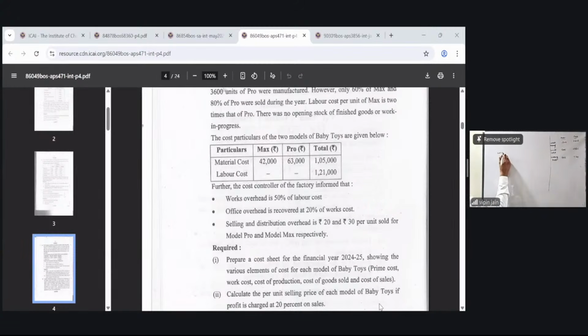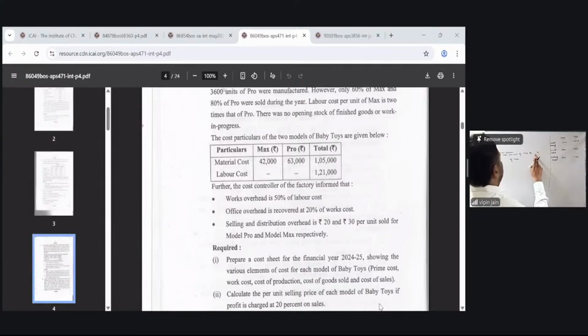Let the labor cost per unit of Pro be X. Therefore, of Max, it will be 2x.